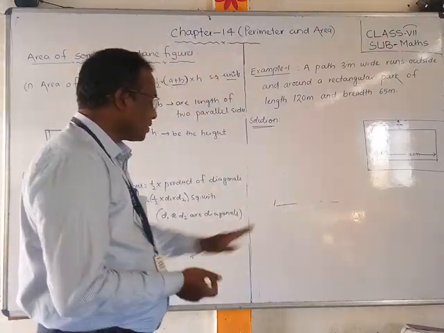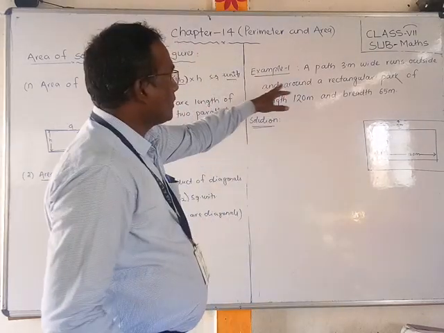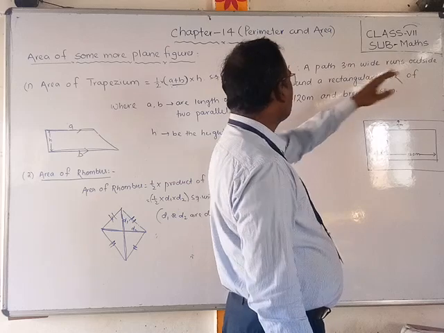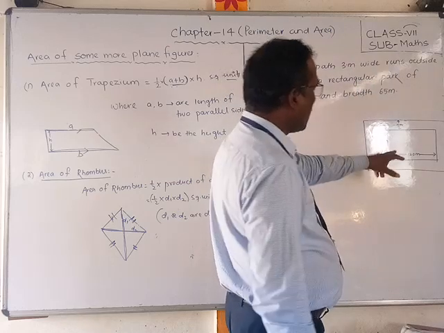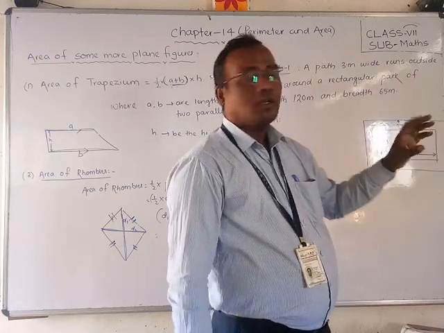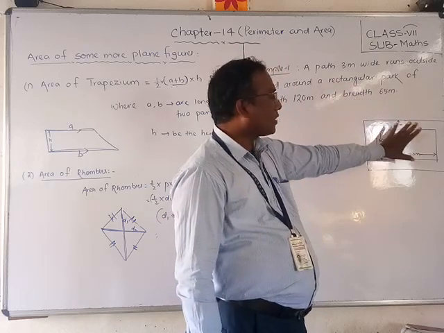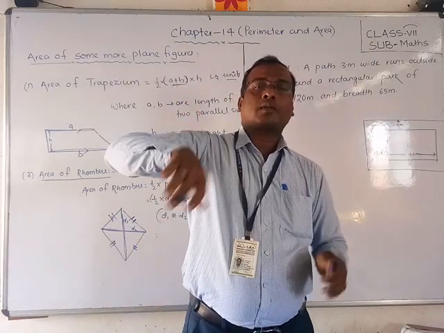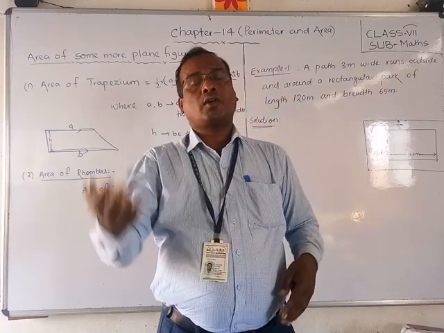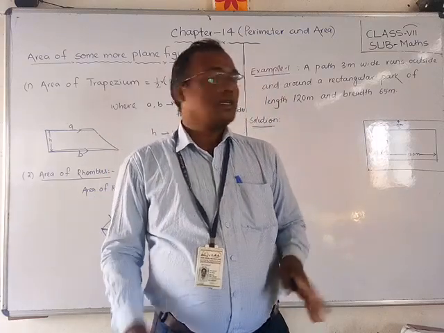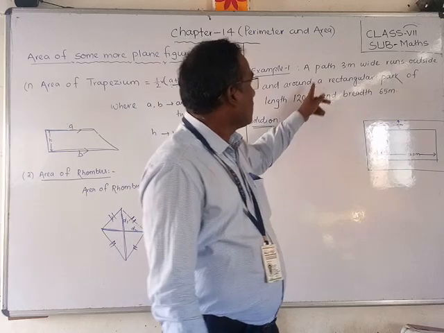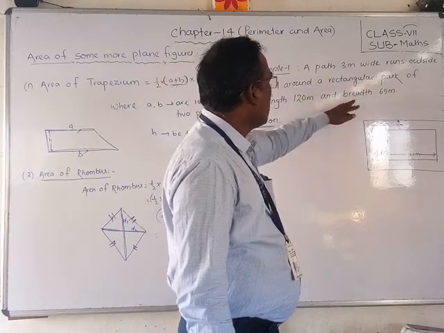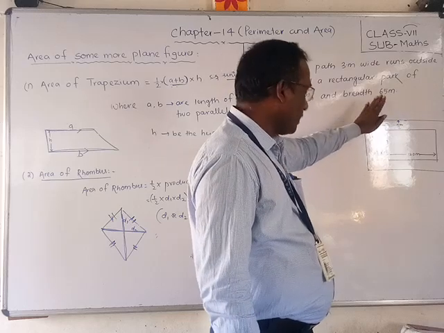Now see students, I read that a path 3 meter wide runs outside, so I drew the figure: outside the given rectangle, along the boundary, there is a 3 meter wide path. What is the question asking? A path 3 meter wide runs outside and around the rectangle with length 120 meter and breadth 65 meter.